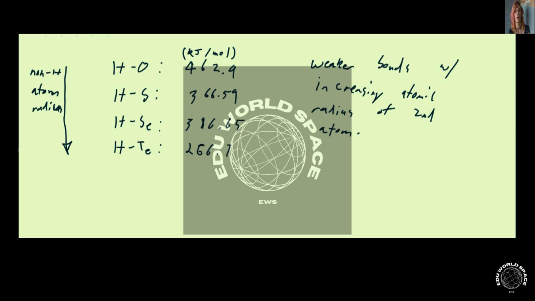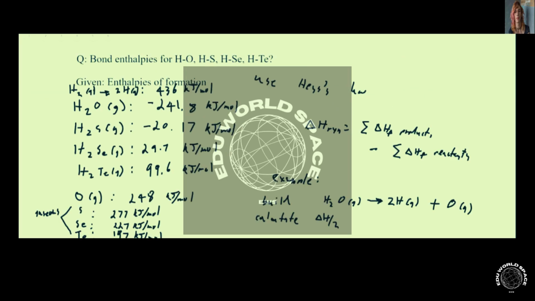Okay, so in summary, what did we do for all of this? We said that we wanted the bond enthalpies for all of these different hydrogen bonds: hydrogen-oxygen, hydrogen-sulfur, what have you. And we noted that we were given standard enthalpies of formation for all of these different hydrated species, and also that we were given the enthalpy required to form gaseous atoms of these species from elements in their standard state, which is also an enthalpy of formation.